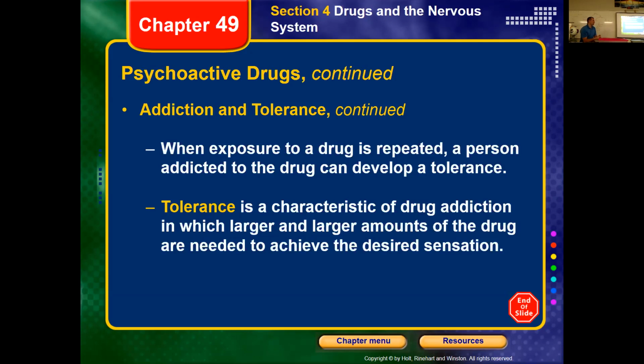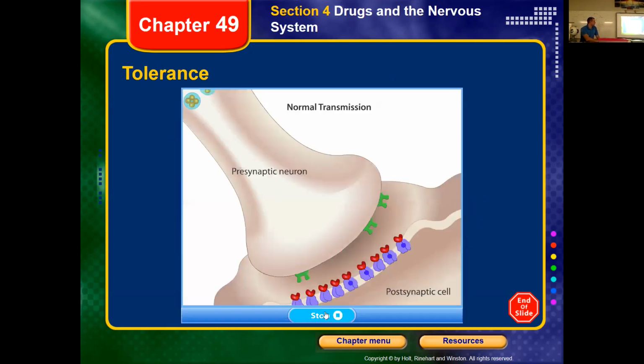It means probably you're doing it way too much, and you need more in order to get that psychological effect. And every time you do more, the more damage is being done at that time. During normal transmission of a nerve impulse, neurotransmitter molecules enclosed in vesicles will move toward the synapse.